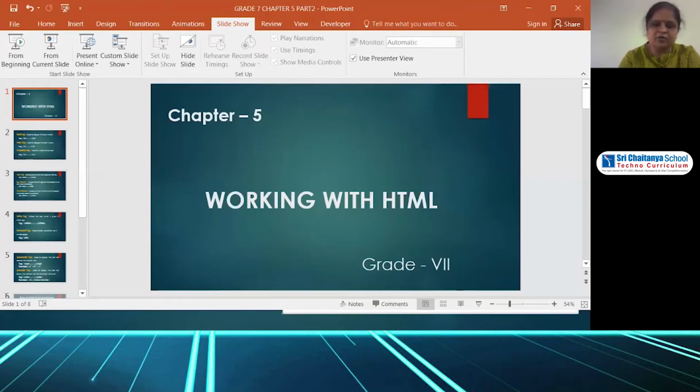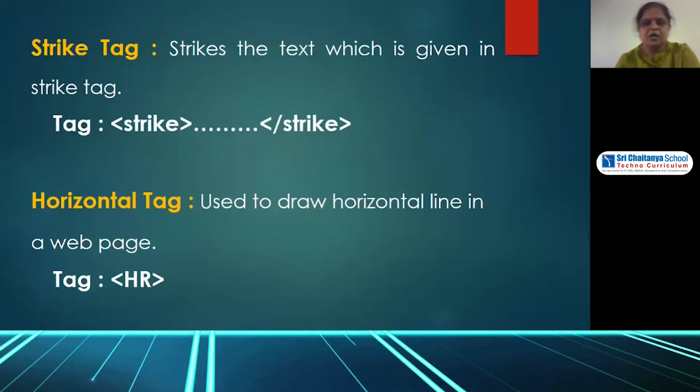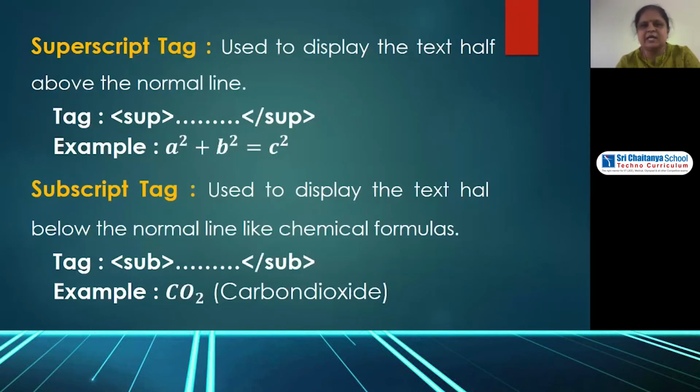Let us go back to our presentation. I hope till here whatever we have learned is very clear for you. Now next is the superscript tag and subscript tag. You all know what is superscript, and you all know what is subscript also.